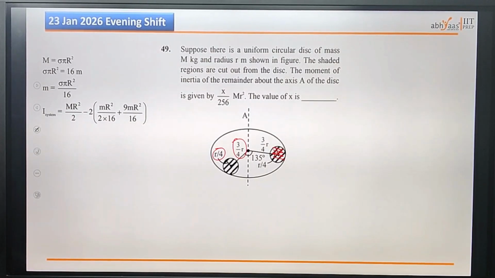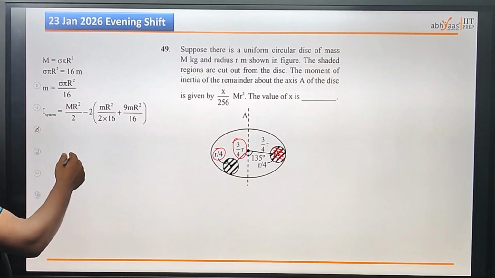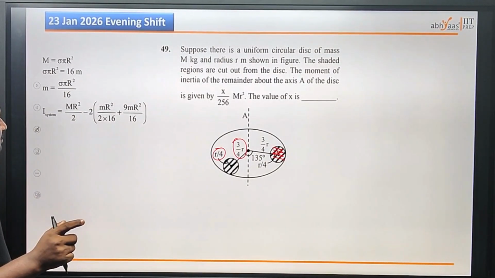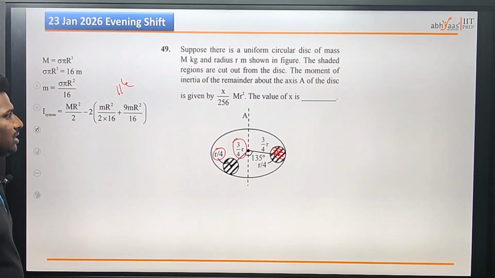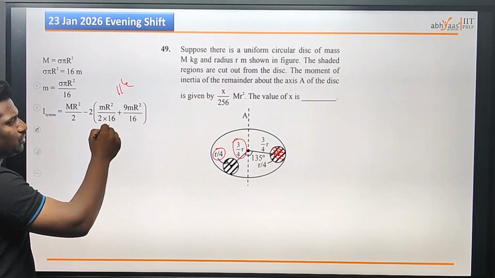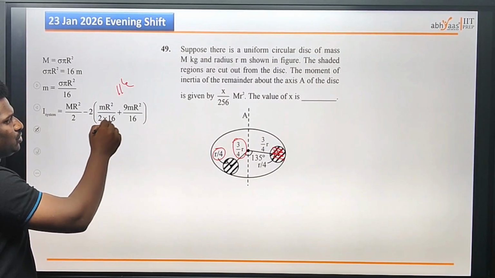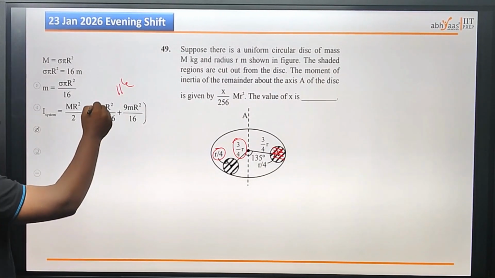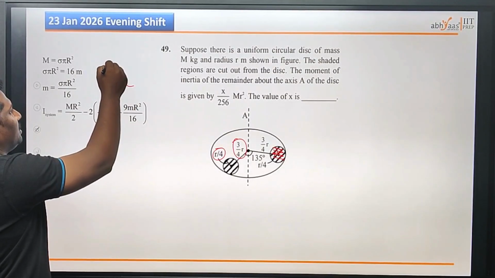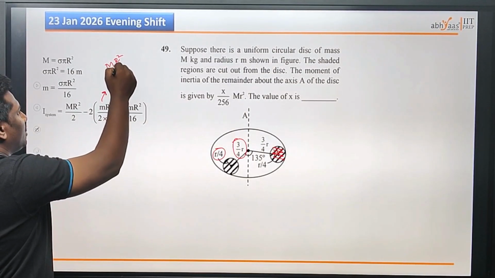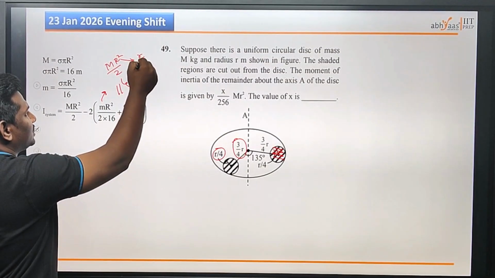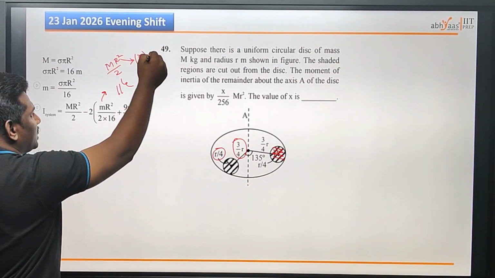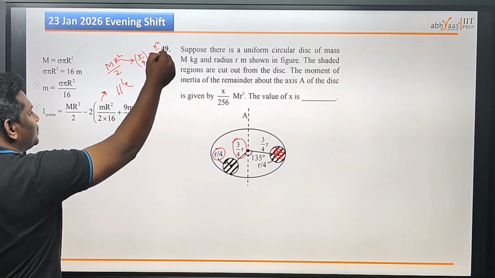So see, moment of inertia of the system for the total mass is MR square by 2, but for the small mass, as per the parallel axis theorem, it is mr square by 2, but here r is nothing but r by 4, that's why r square can be written as r square by 16.